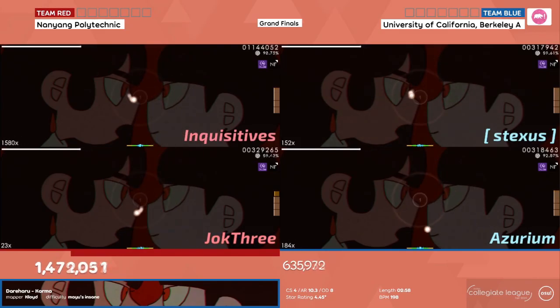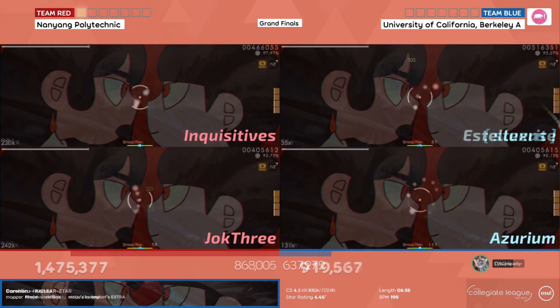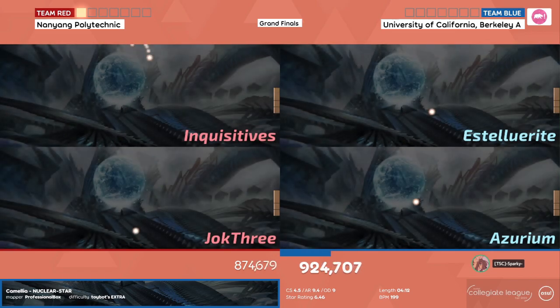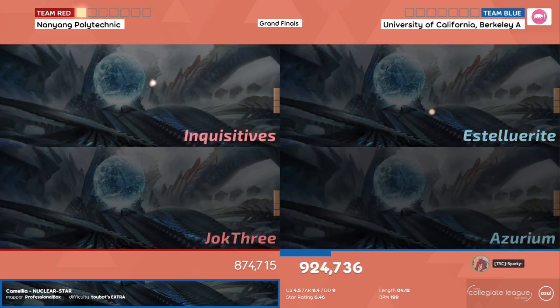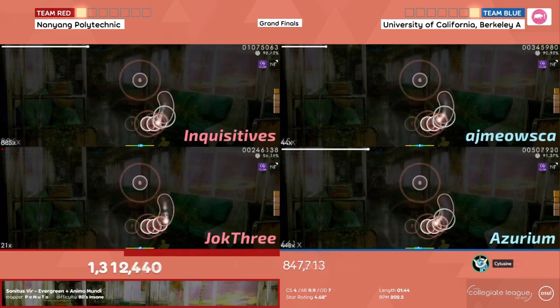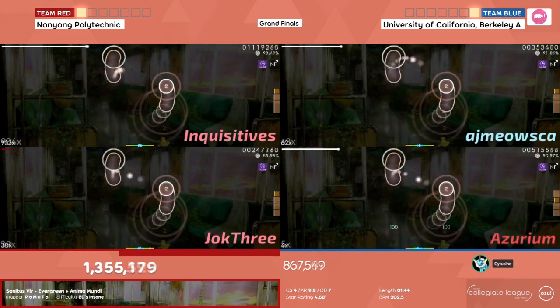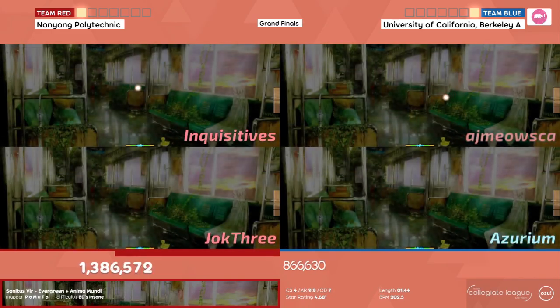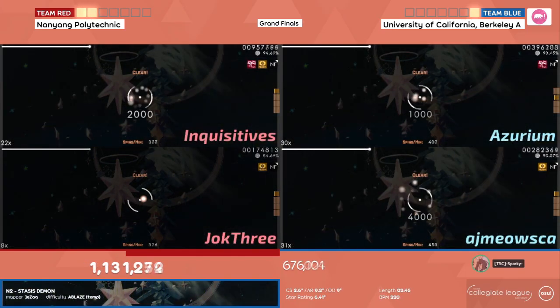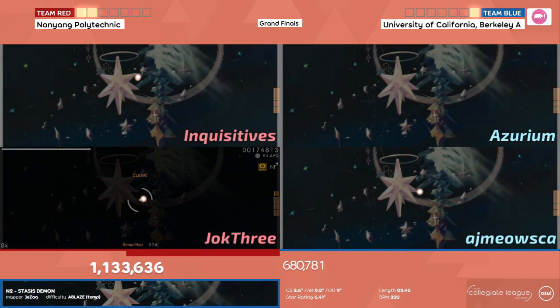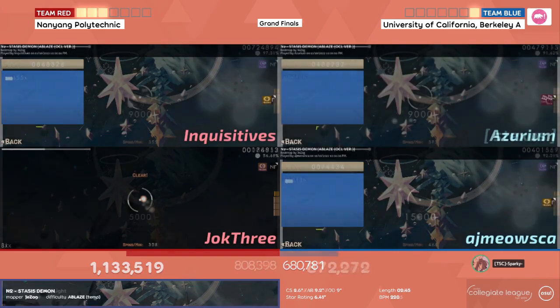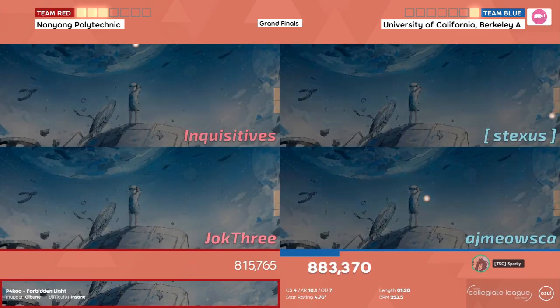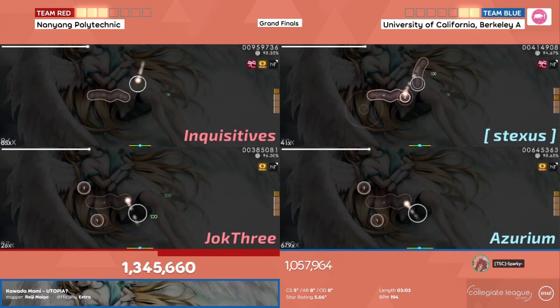And here we are at the bracket reset of Tier 2. Nanyang Polytechnic and UC Berkeley will be playing against each other for the third time. Just like with the first Grand Finals match, both teams started off with a point each coming from their own picks. But then Nanyang got the next 2 points before Berkeley was able to respond by taking a second point to make it 3-2.